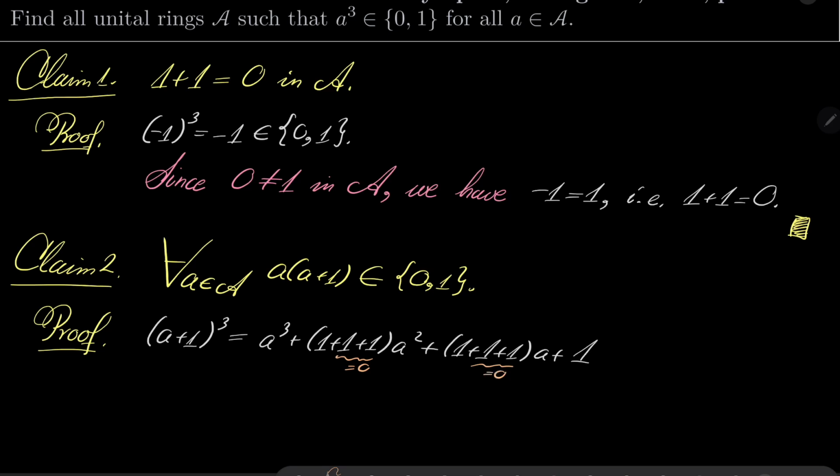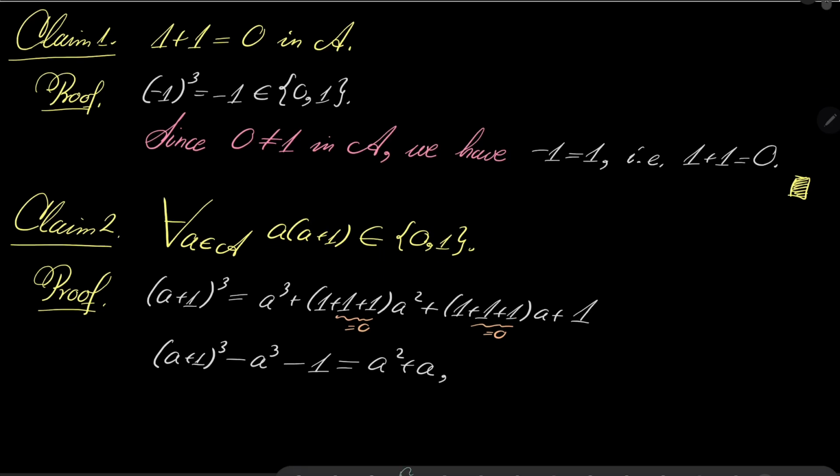So this can be simplified, and we get that a plus 1 cubed minus a cubed minus 1 equals a squared plus a. But notice that a plus 1 cubed is either 0 or 1, a cubed is either 0 or 1, and this is 1.